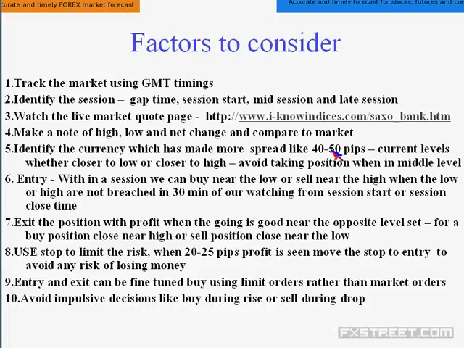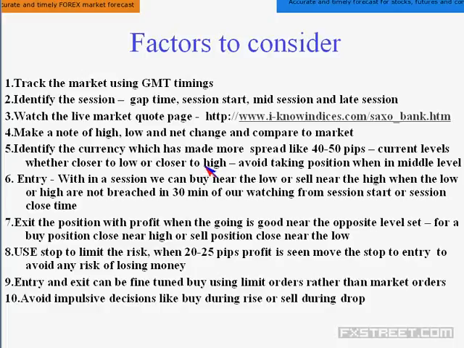And take positions only in a currency pair where there is a 40 to 50 pips spread or more. A currency which has a lesser spread between the high and the low, don't enter into that. It may not give any profit, either a sell or a buy. When the market is near the high, we'll take a sell position when the high has not been breached in the first 30 minutes from the start of the session.